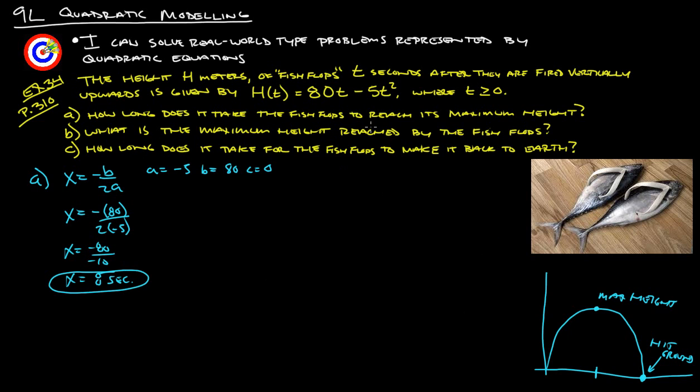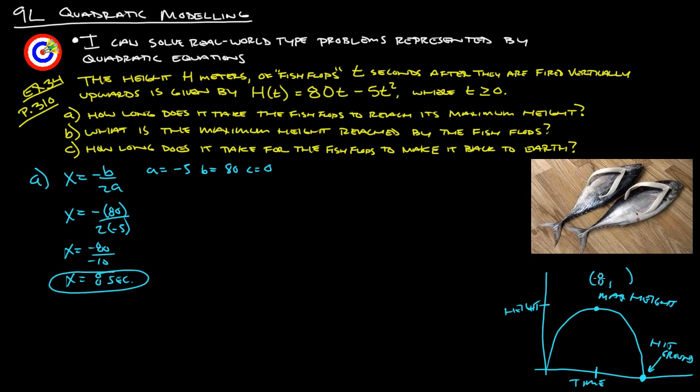Okay, so what is the maximum height reached by the fish flops? If this here is the axis of symmetry, we know the x coordinate is 8, for 8 seconds, because down here is time and this is the height.